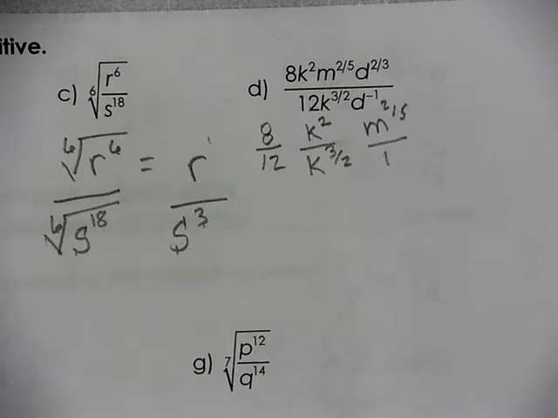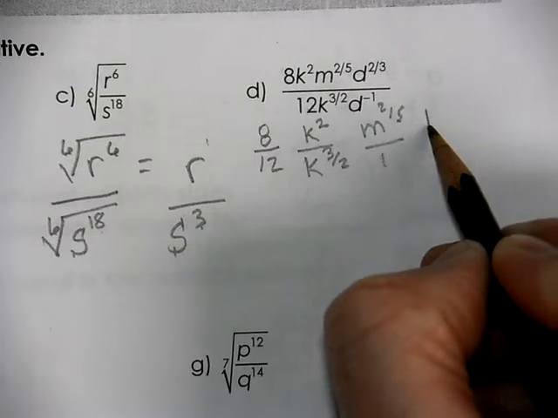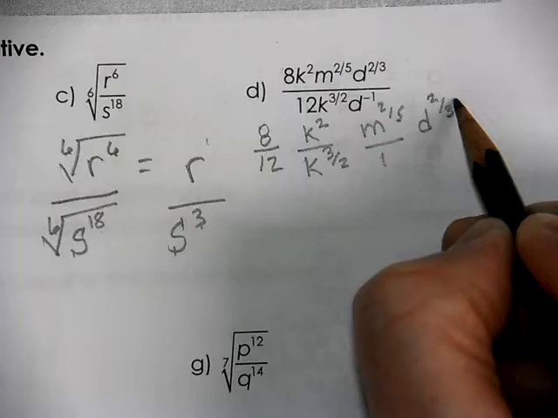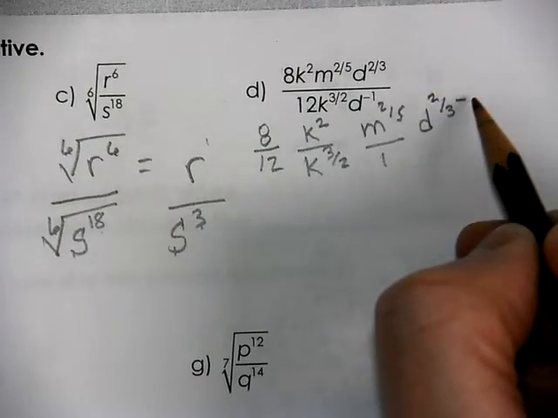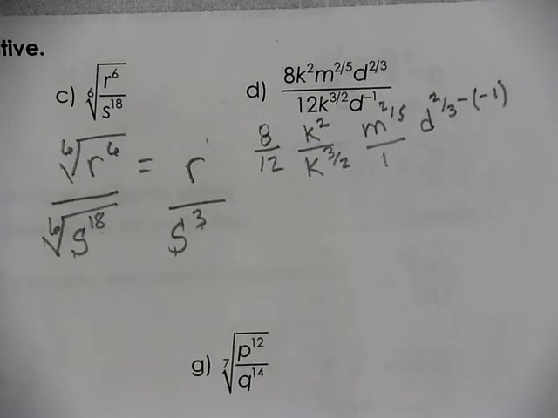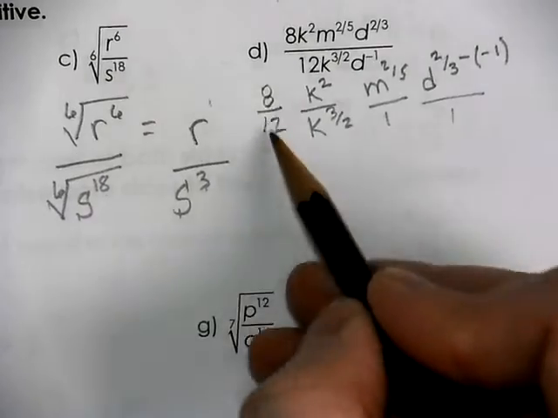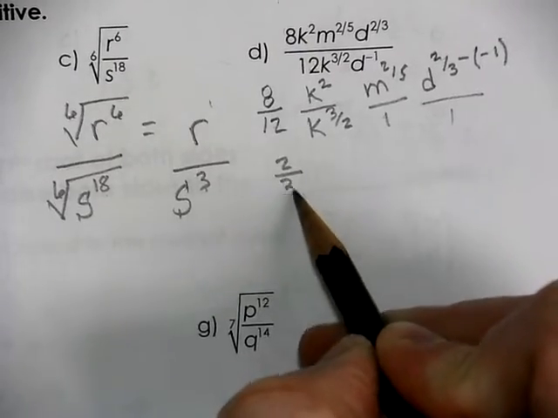So there's nothing on bottom, so you can call it 1 if you want. And it's d to the 2/3 minus, because we subtract when we bring up our value, we subtract the exponent. So we're actually going to call it a plus. So the 8 over 12, 4 goes into 8 twice, 4 goes into 12 3 times.